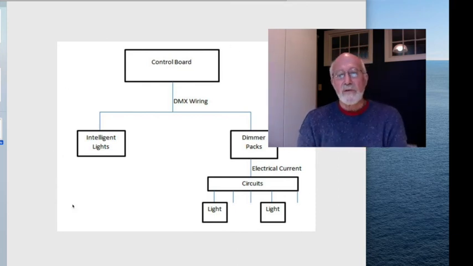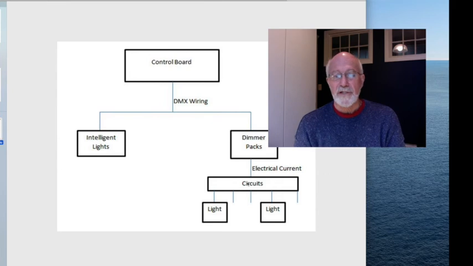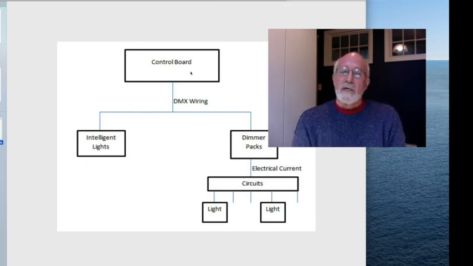This is the simplified overview of a lighting system set up with both intelligent lights and conventional instruments. So what we've been talking about is dimmers powering circuits into which are plugged conventional instruments. The dimmers are controlled from the dimmer board, but, and we'll talk about this in a minute, so are intelligent fixtures that do other things.